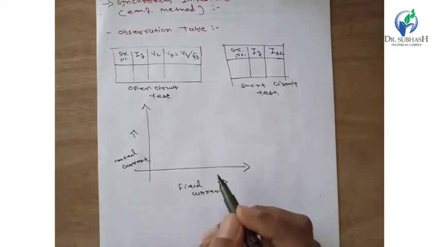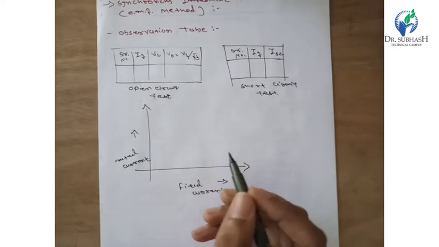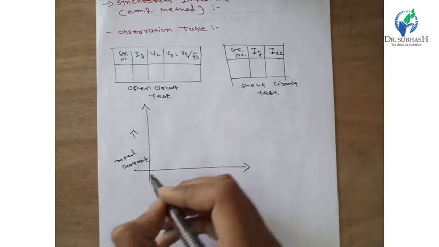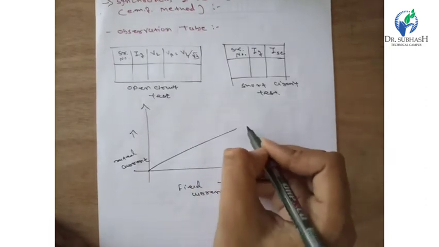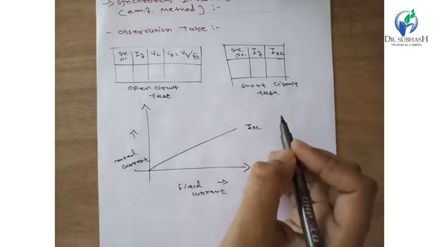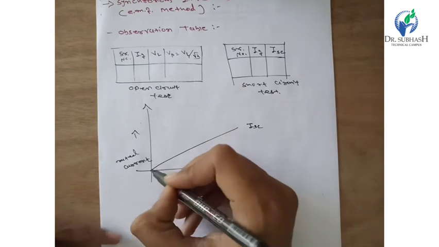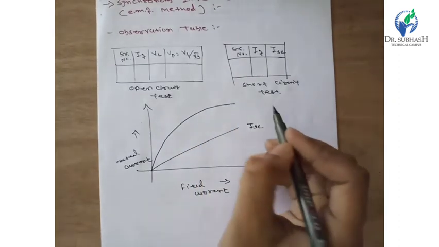First of all, we draw the value of the ISC current. Here is the ISC current, and the open circuit current is drawn here.